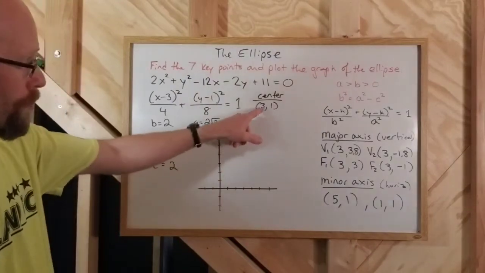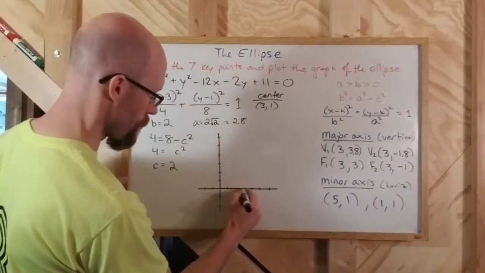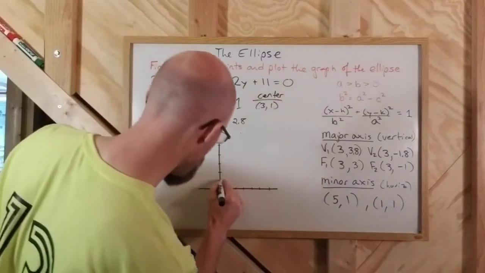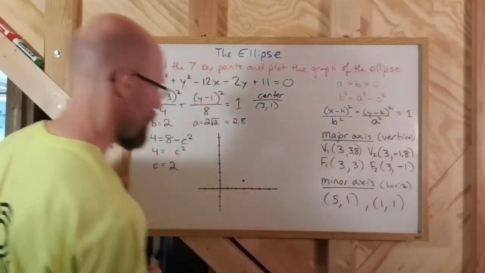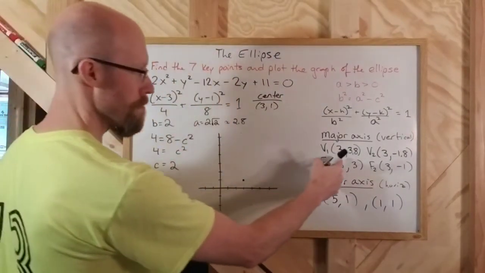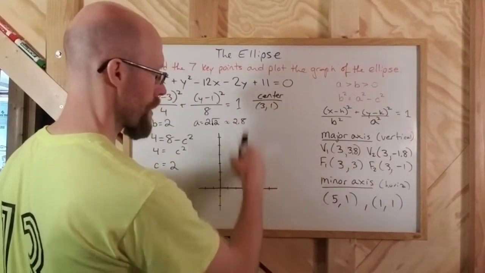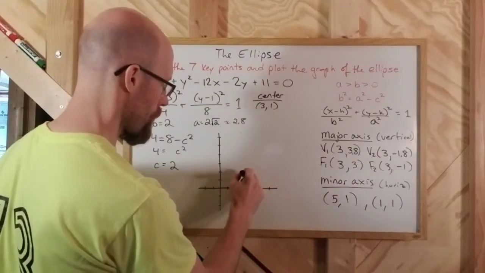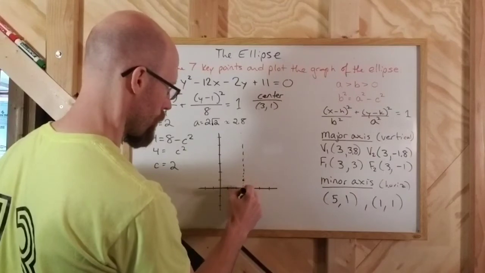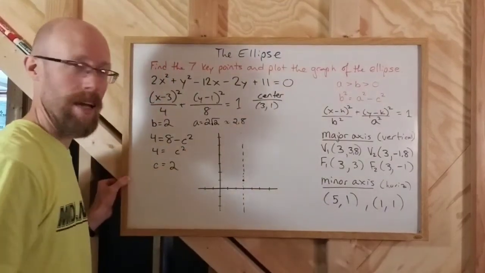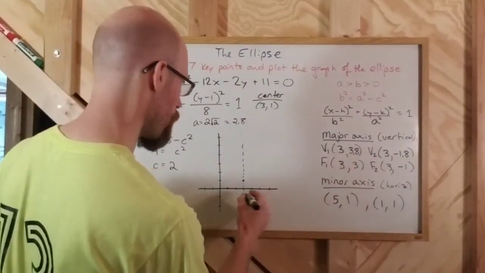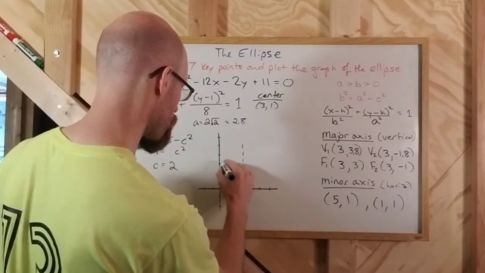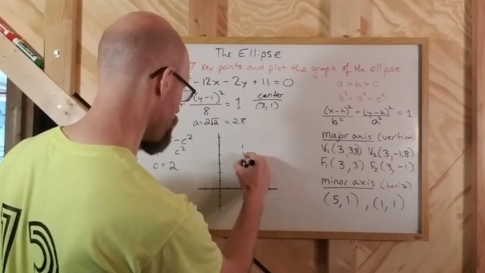So now I plot these points. 3 comma 1 is my center, so over 3 up 1. Then I have the major axis points. Again, that's going to be my vertical axis. In fact, I could even draw it in just so I know everything's going to be on that line. 3 comma 3.8, so over 3 up 1, 2, 3.8, right about there.